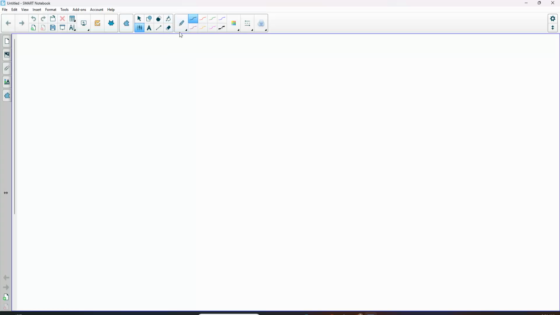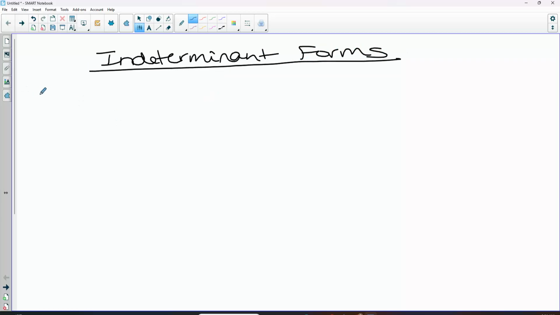So our indeterminate forms that we have seen. The first day we did our straightforward ones. If it's 0 over 0, or infinity over infinity.